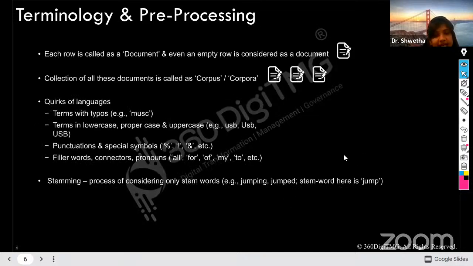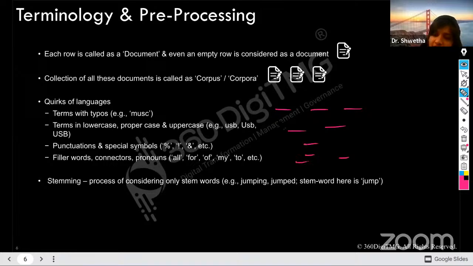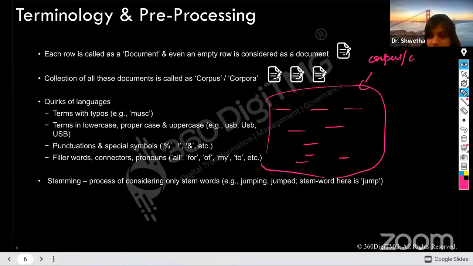Now let us understand the terminologies when it comes to unstructured data. Till now we were dealing with structured data. Now we'll deal with unstructured data and the terminologies specific to it. In unstructured data, say there are a lot of paragraphs or a lot of text. All these together are called a corpus or corpora.